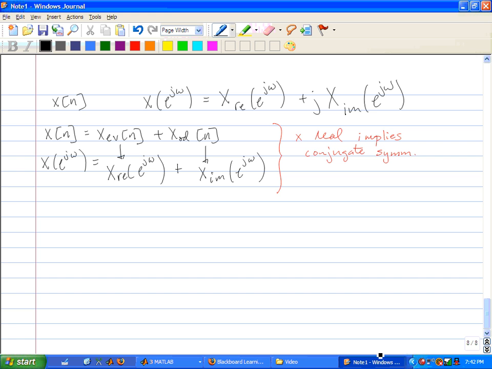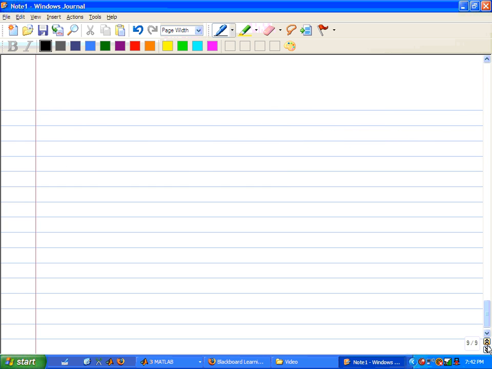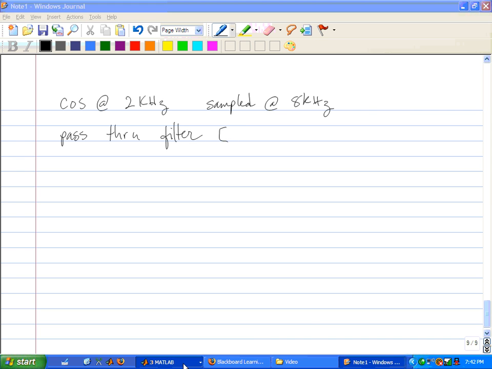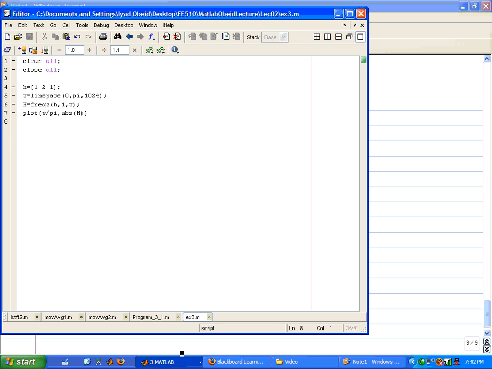While you chew on that for a minute, let me just write it down. So we've got a cosine at 2 kilohertz, sampled at 8 kilohertz, and now pass through the filter, and the filter is, let's see what values I picked, 1, 2, 1.